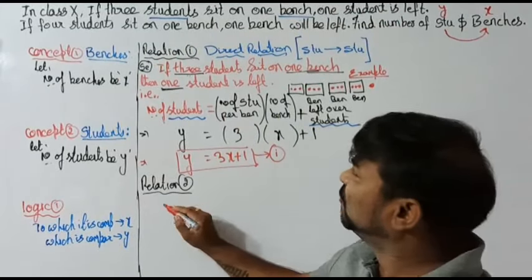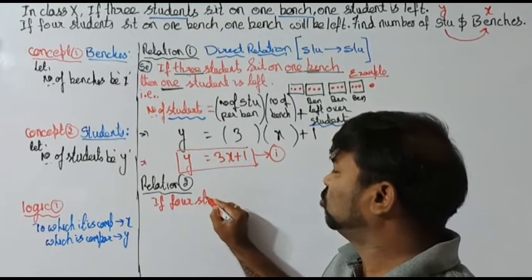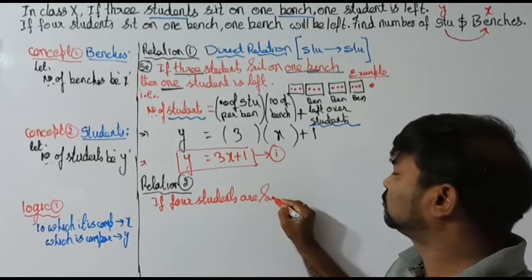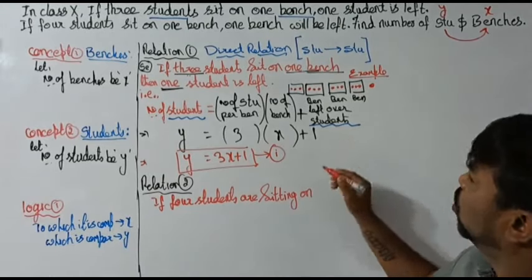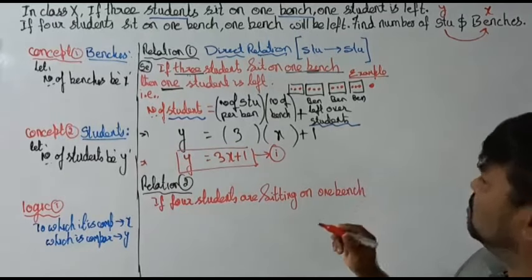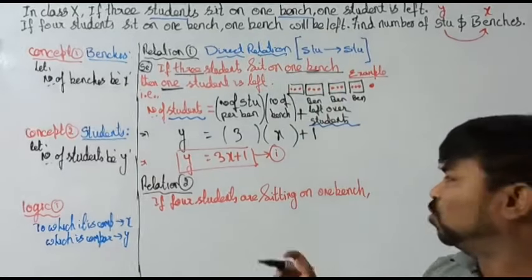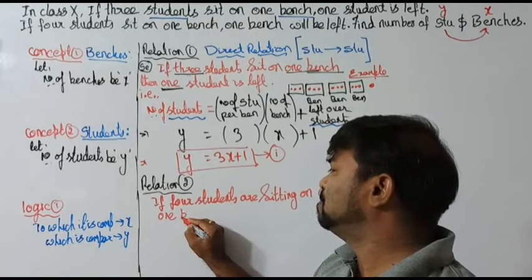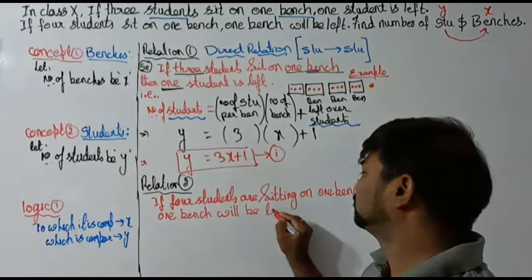So what he says is, if 4 students are sitting on one bench, one bench will be left. That's what you have to remember. One bench will be left. This is the tricky part.